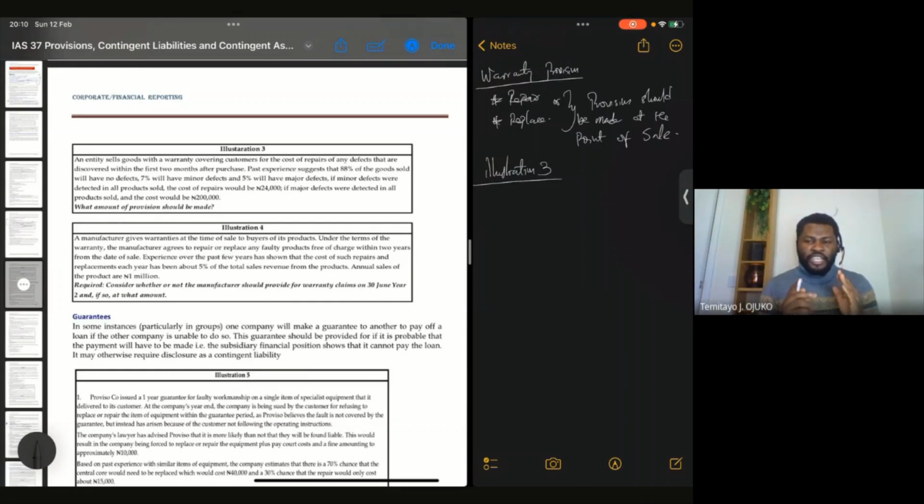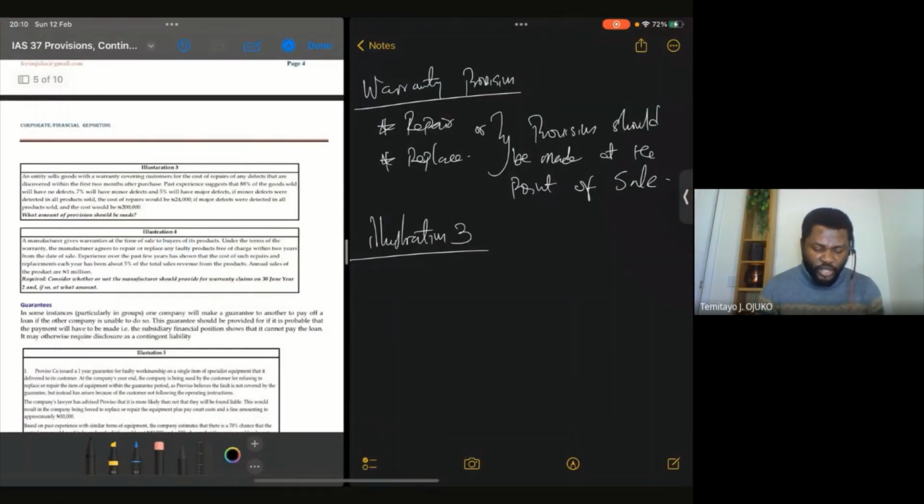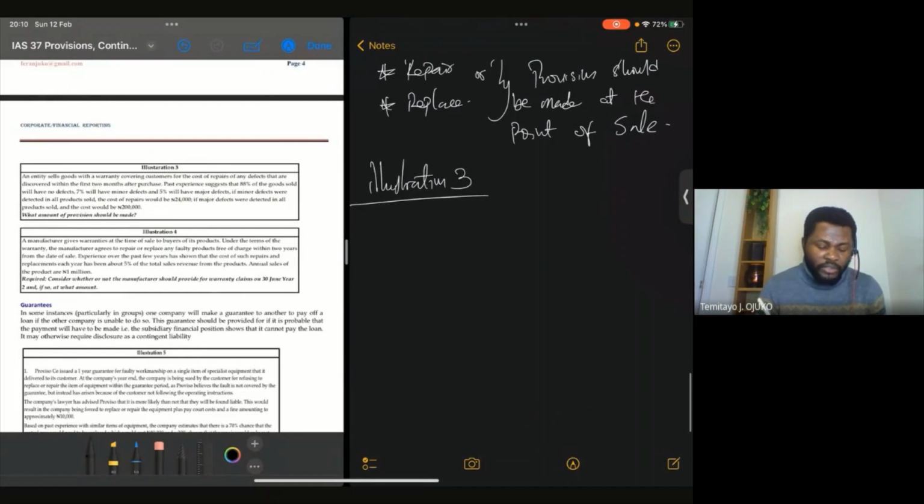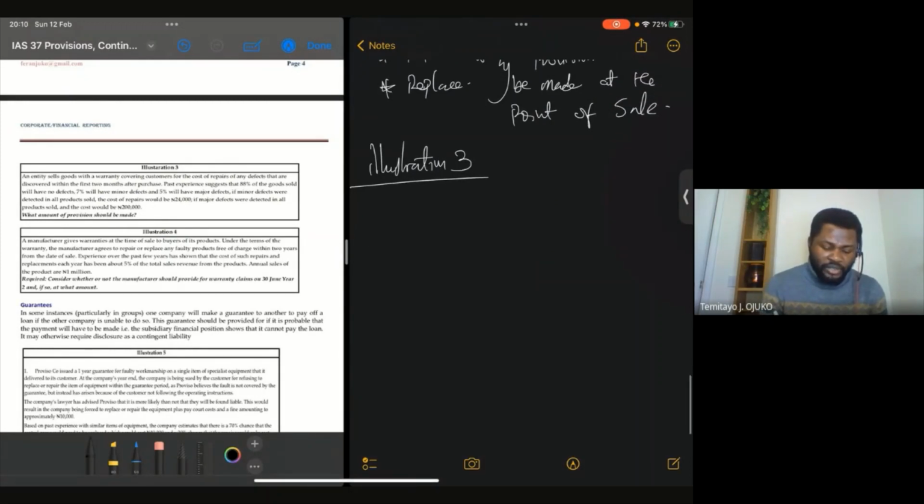So it's as simple as you knowing that one, there's a present obligation. Number two, it is probable that you make the payment. Then number three, the amount can be estimated reliably. So let's just look at this quickly. Now, we were told that 88% no defect, right?